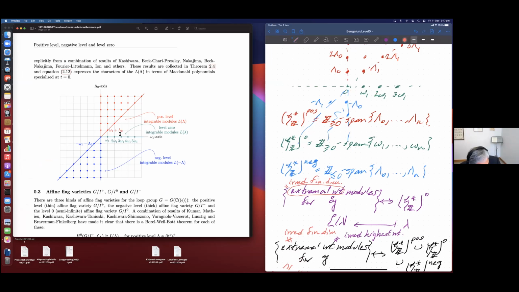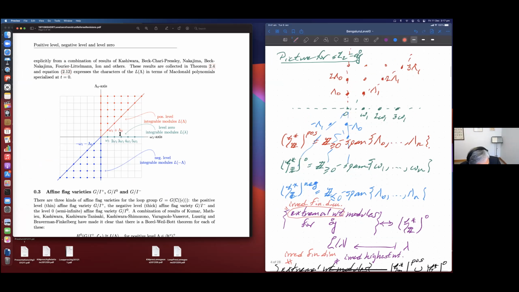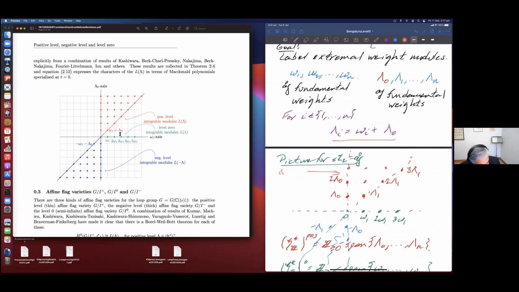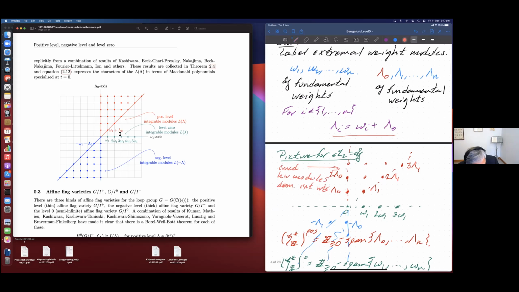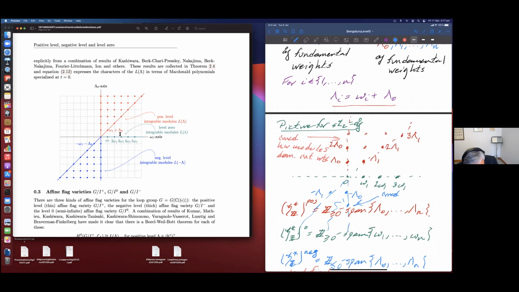So these red dots are in fact the irreducible highest weight modules, the dominant integral weights. And these blue dots down here, the extremal weight modules, are the irreducible lowest weight modules, the anti-dominant weights.